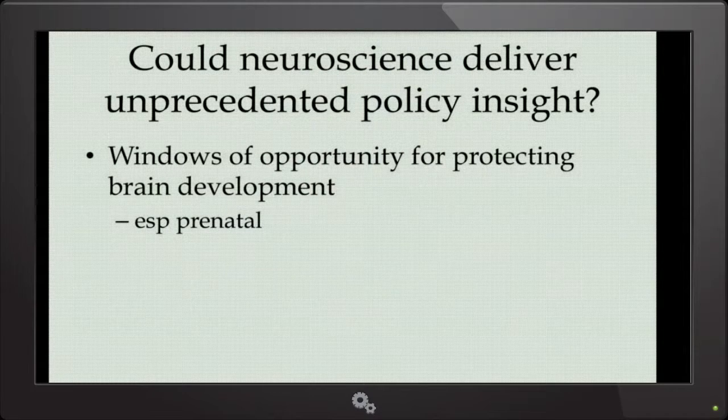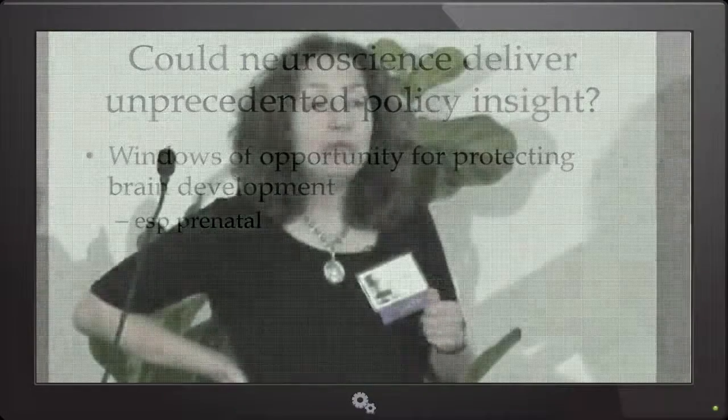Windows of opportunity for protecting brain development. Prenatally is when the basic architecture of the brain is set up. And we are learning more and more, both in animals and in humans, using amazing tools like fetal fMRI, about how that process works, where it can be derailed, and even specific timing, like stress being more harmful in this trimester than in that trimester.